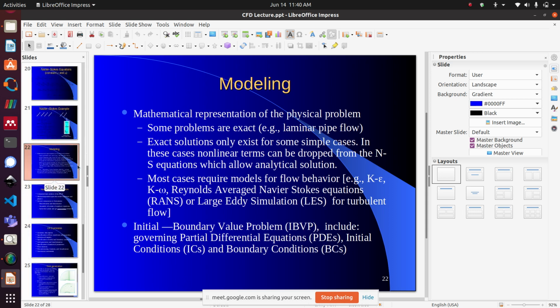So now what I'll do is go through the whole process, the entire steps involved in CFD. The first step is the mathematical representation of the physical problem. Whatever the actual problem you have, say a flow inside a pipe.